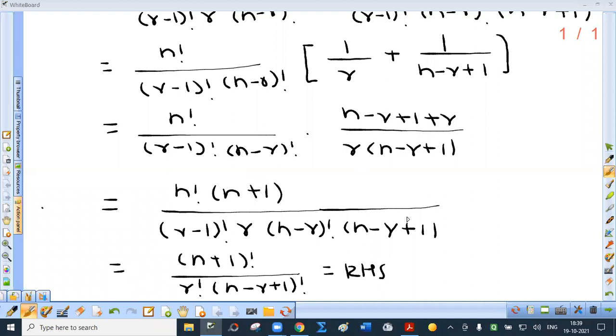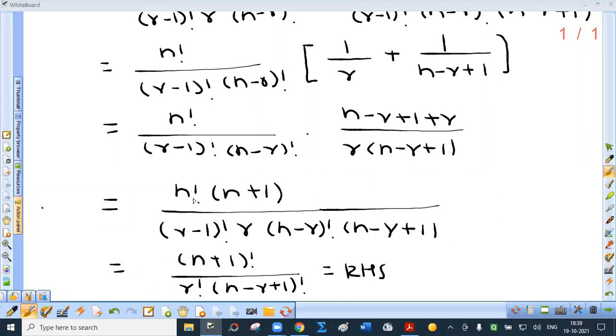So LCM r into n minus r plus 1, this is the numerator. So n factorial into n plus 1 upon, see, throughout product is there. So r minus 1 factorial into r and n minus r factorial into n minus r plus 1.